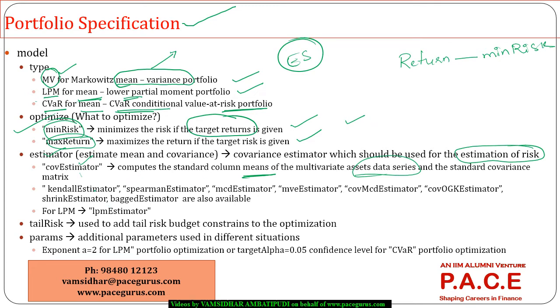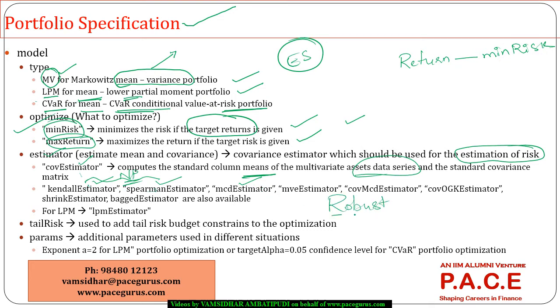But at the same time, we have various other kinds of estimators. There is a Kendall estimator, there is a Spearman estimator, there is an MCD estimator. Kendall and Spearman are the non-parametric kind of measures of relationship between two variables. So I can change it to Kendall's estimator or a Spearman estimator or various other robust estimators.